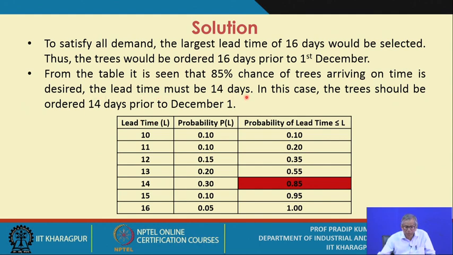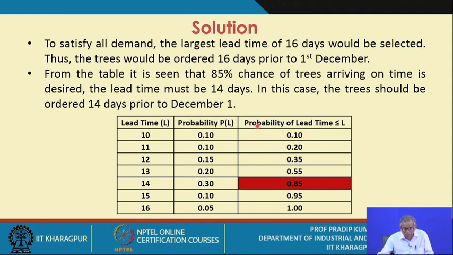The lead time must be 14 days. So with 85% chance you will get the item on time. Okay. So in this case the trees should be ordered 14 days prior to December 1 with 85% chance of arrival. So, this is the solution.